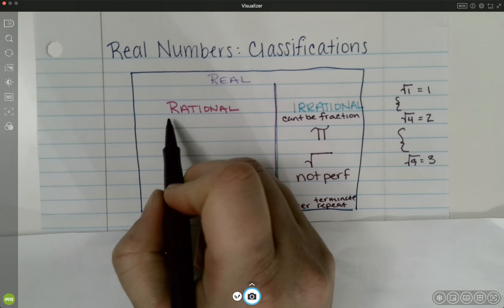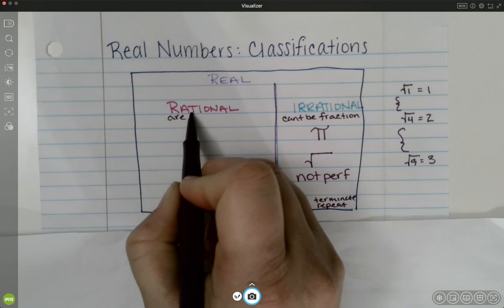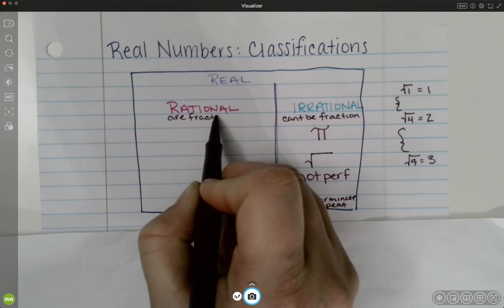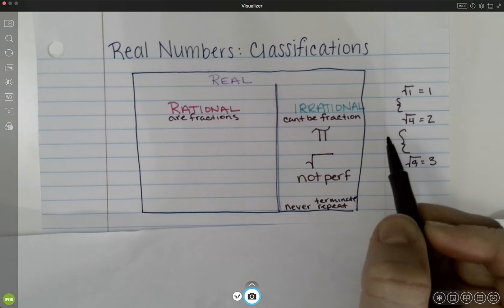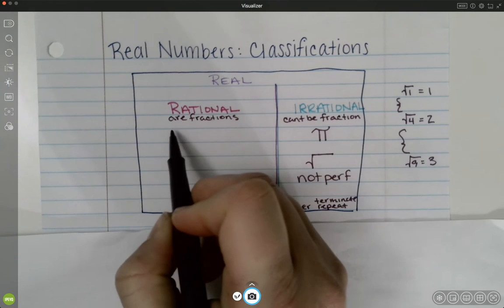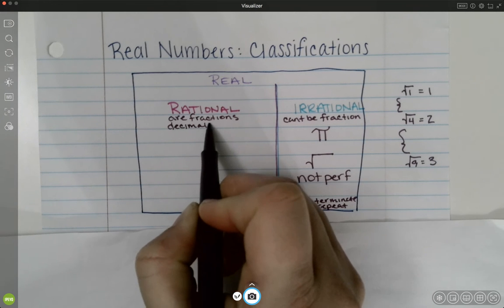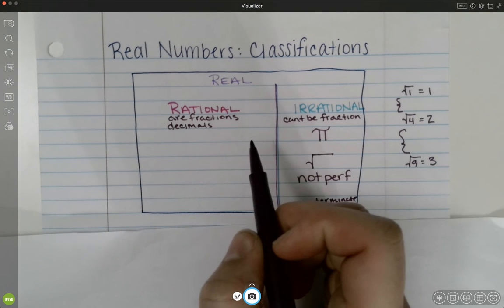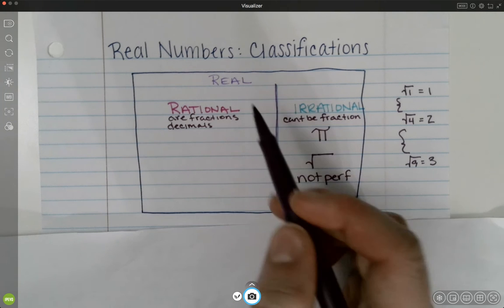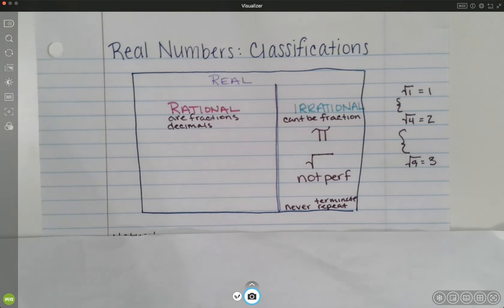Rational numbers are fractions, and with fractions, we also have decimals and whole numbers.